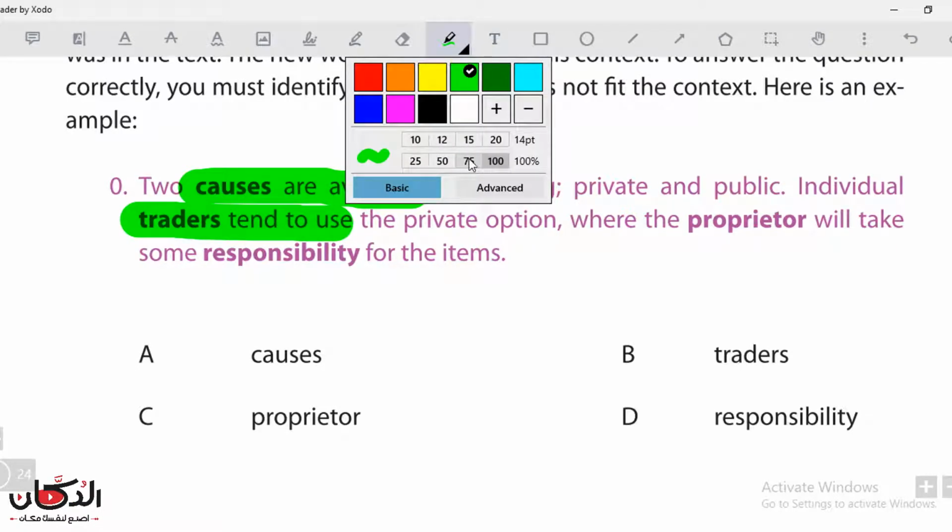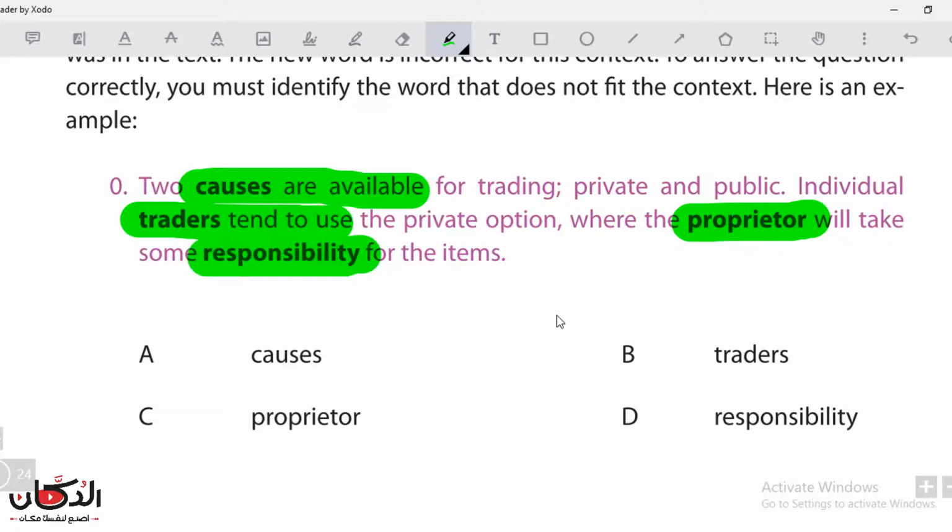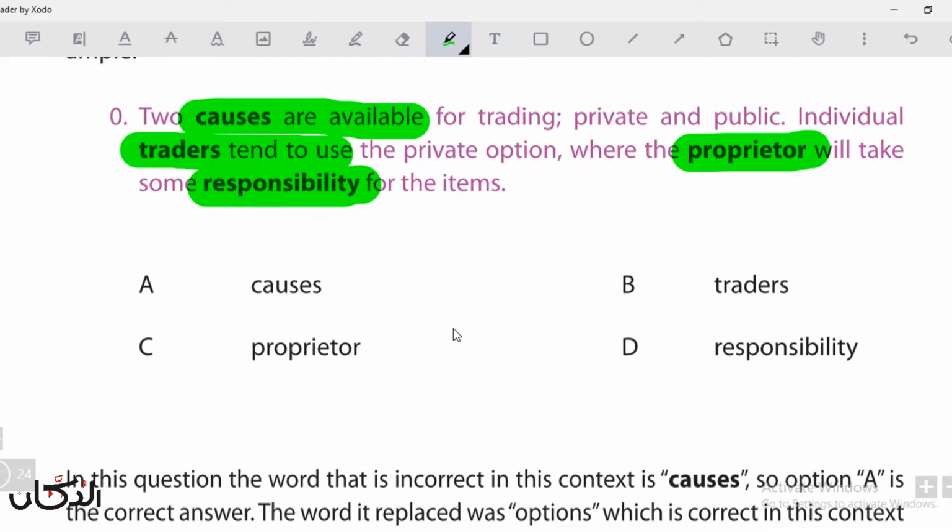What about the next one? Okay, where the proprietor will take some responsibility. If they take responsibility, you also can say it's correct. So which one is wrong?